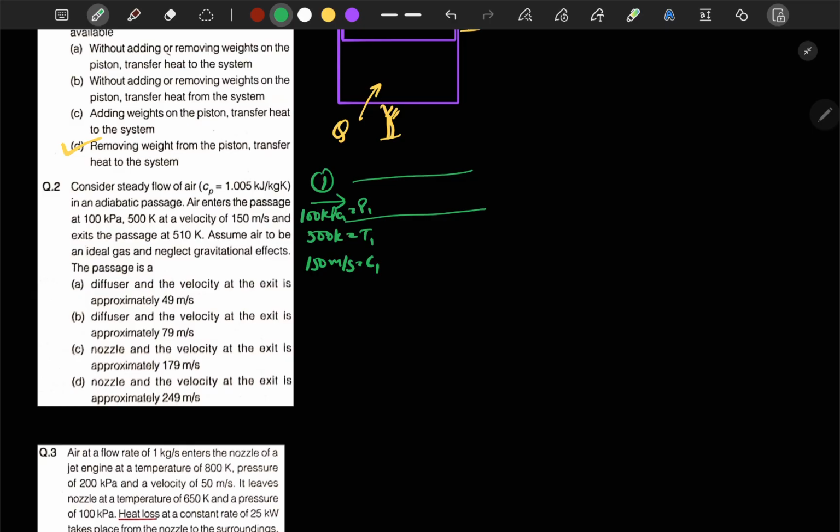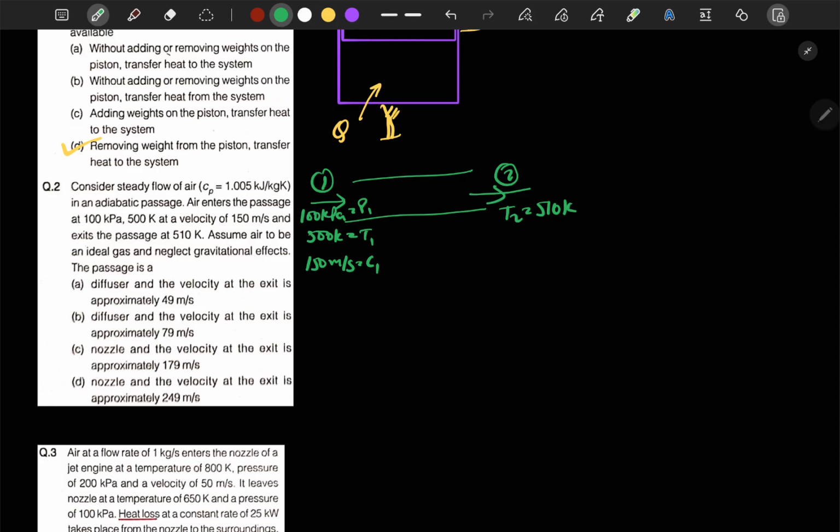Next, it is given that the air exits the passage at location 2 with temperature T2 equal to 510 Kelvin. Assume air as an ideal gas and neglect the gravitational effect in the passage.